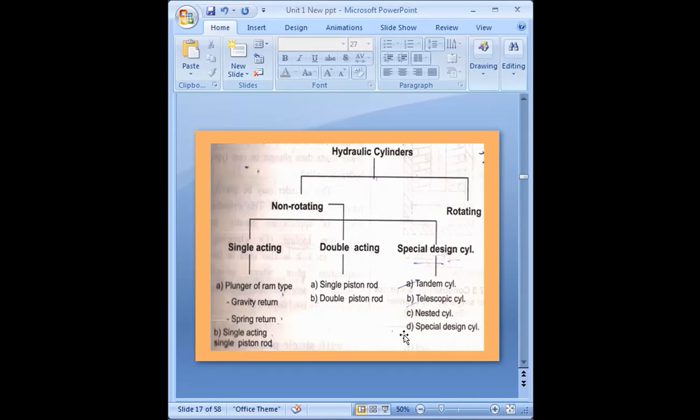Be fast. For every lecture, be with your pen and notebook. Whenever I ask you to write, that time you have to write.